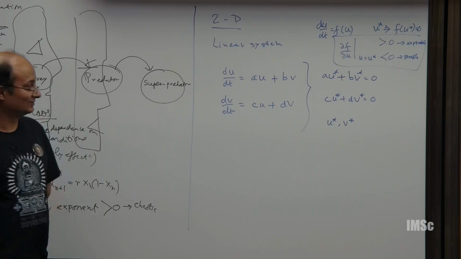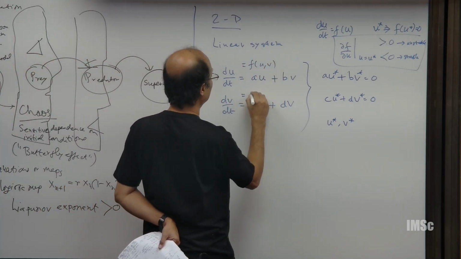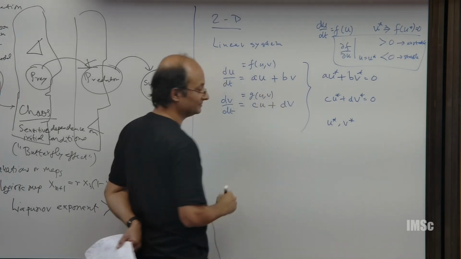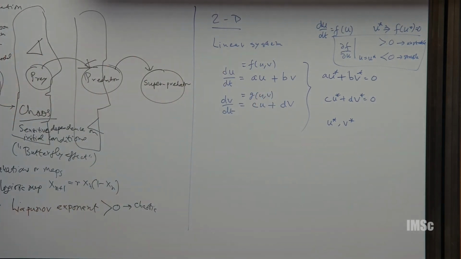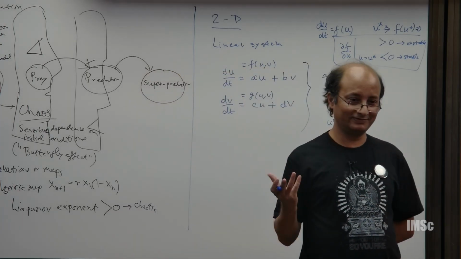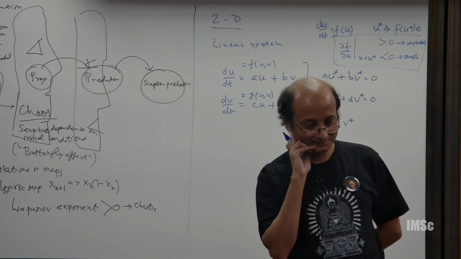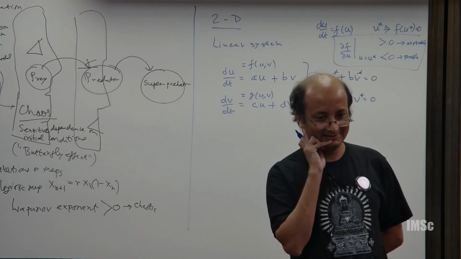Any ideas? So, you have f(u,v) and you have g(u,v). Yep, partial what? Partial derivatives of f and g with respect to u and v.